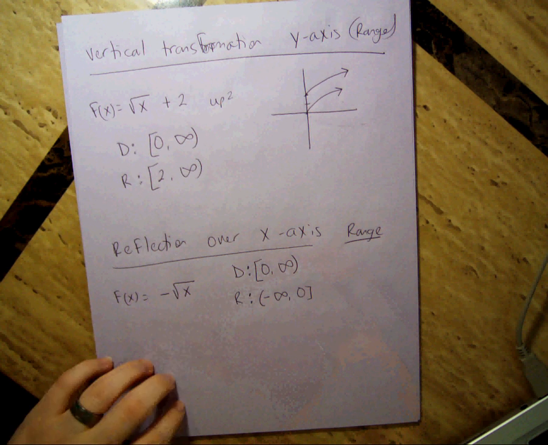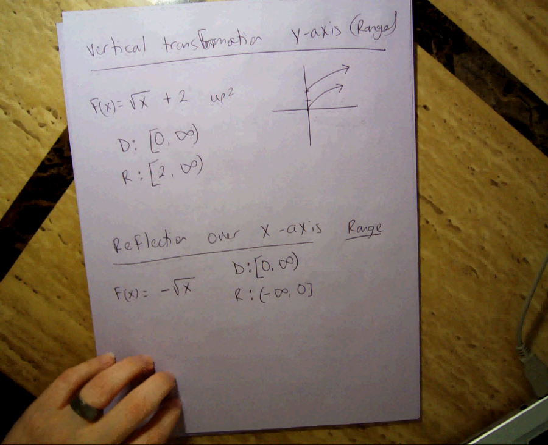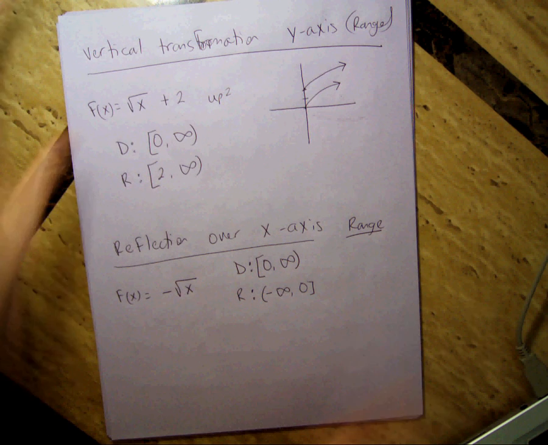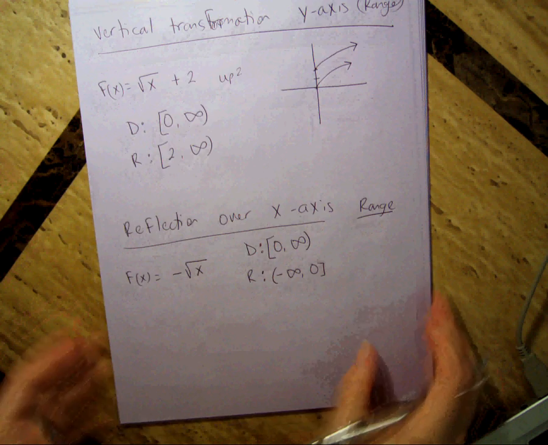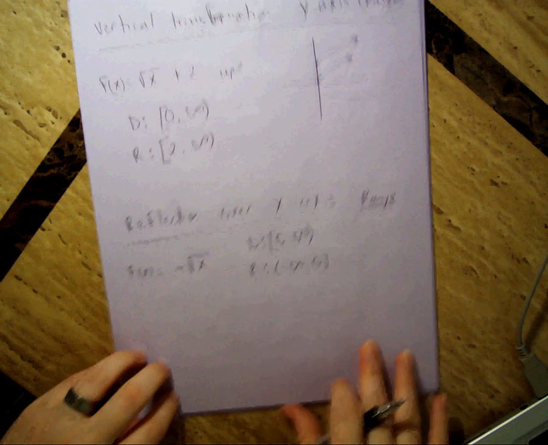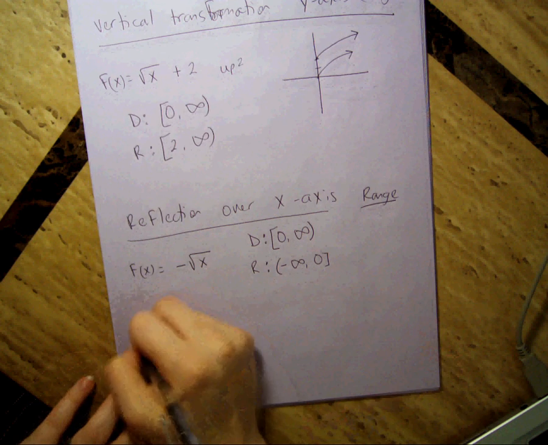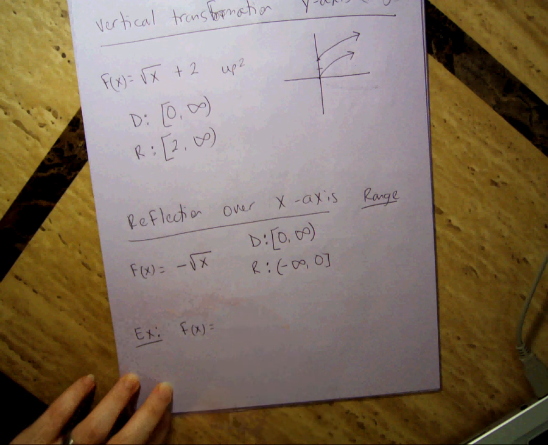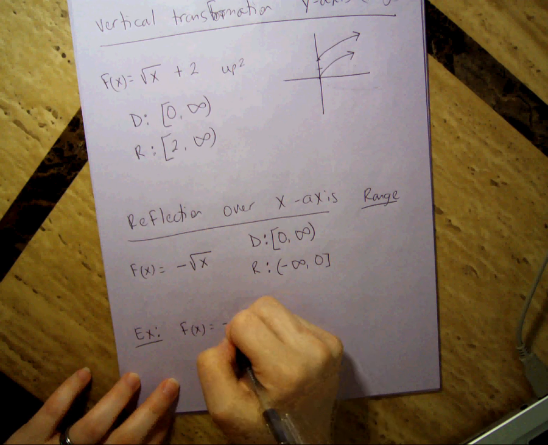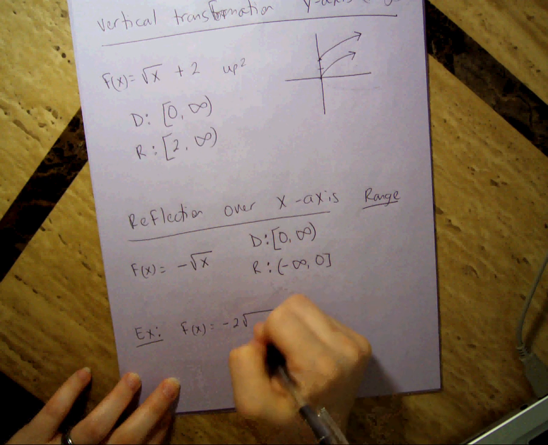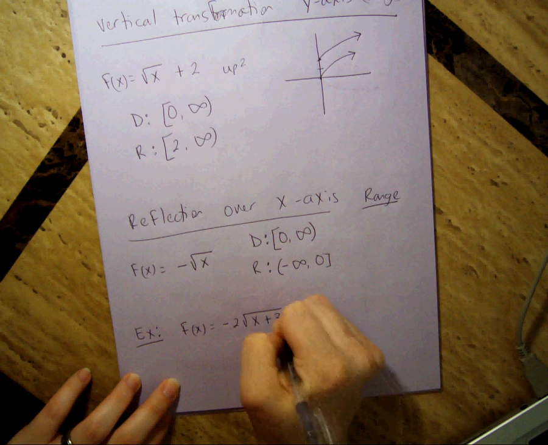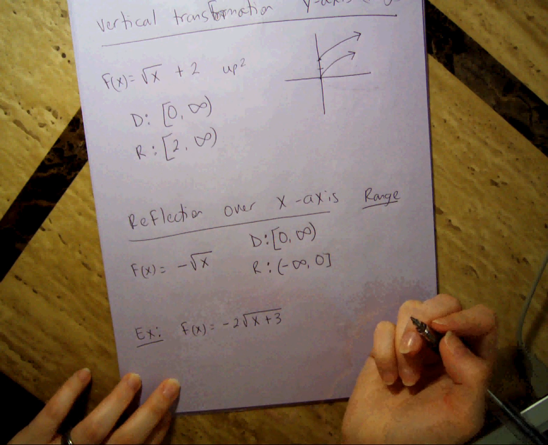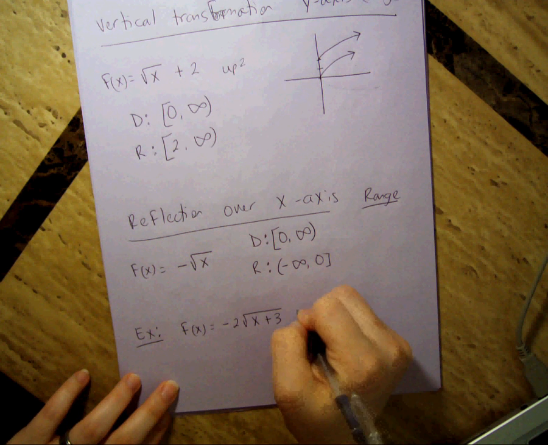Alright, so let's look at one that has several different transformations in it. So one good example right here. Let's say we have f of x equals negative 2 square root x plus 3 plus 1.